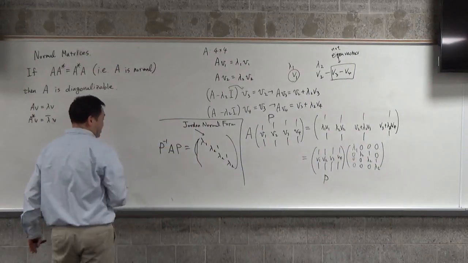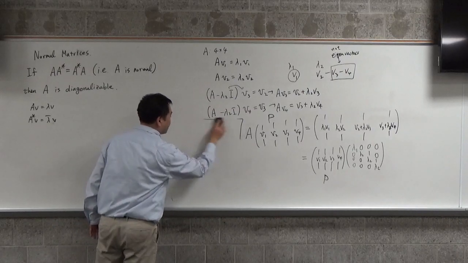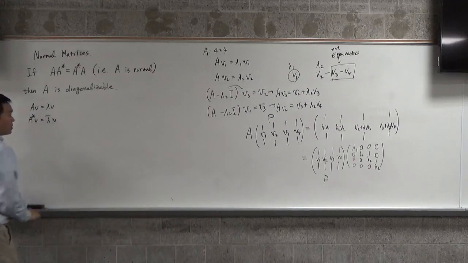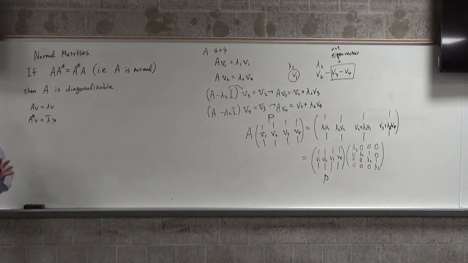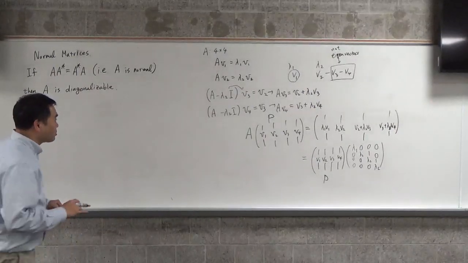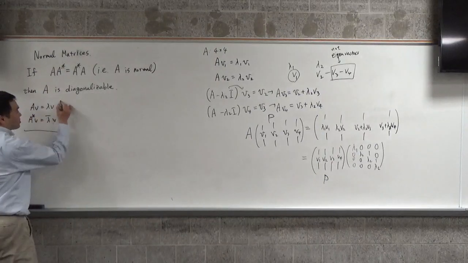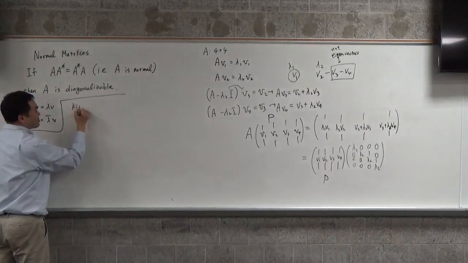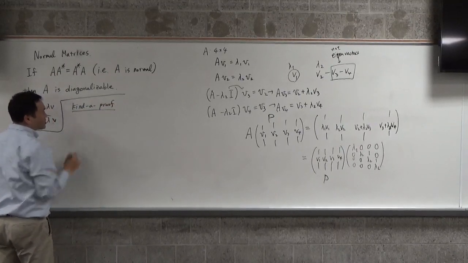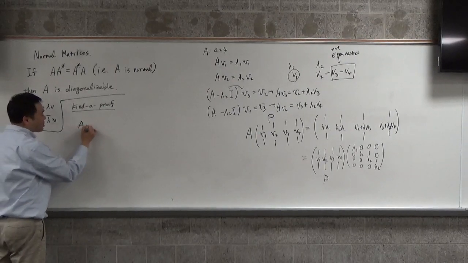Well, let's try to do that. So this is not a proof. I'm just trying to give you an explanation why it would go wrong. Suppose you had a generalized eigenvector.